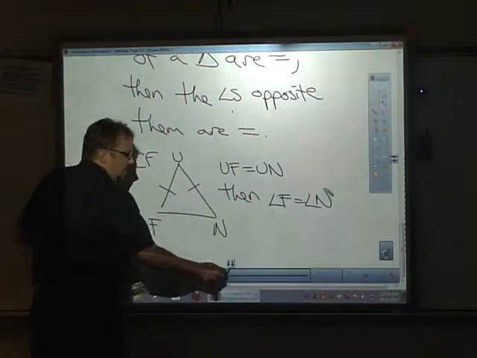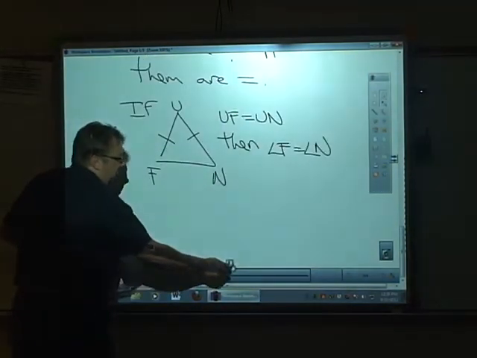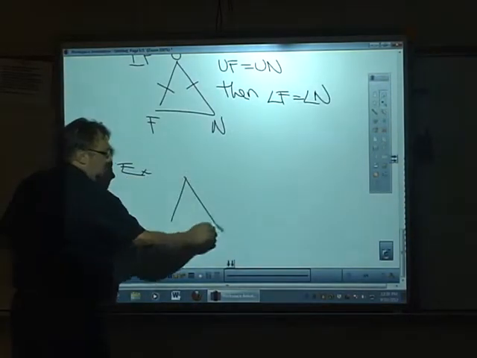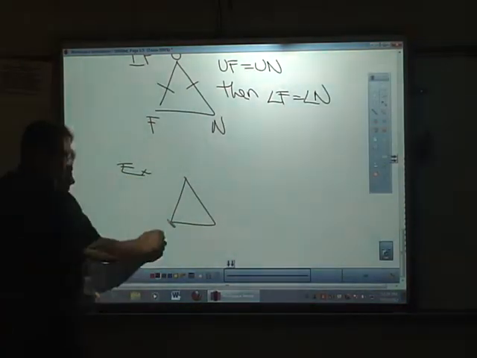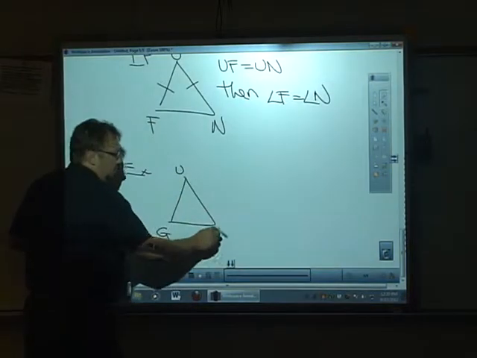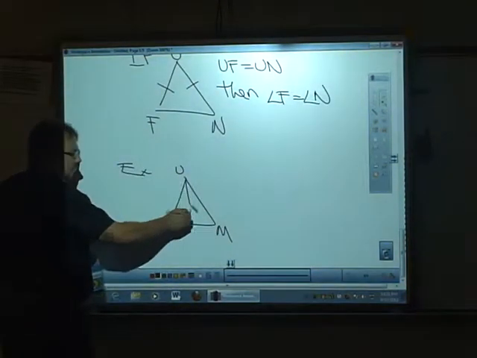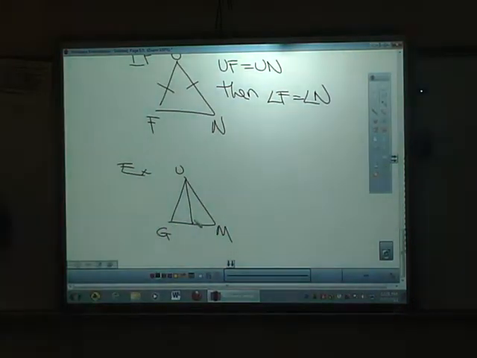One thing I want you to think about too is if we also have, for example, a triangle like this, but in this case I have a segment going through the center.